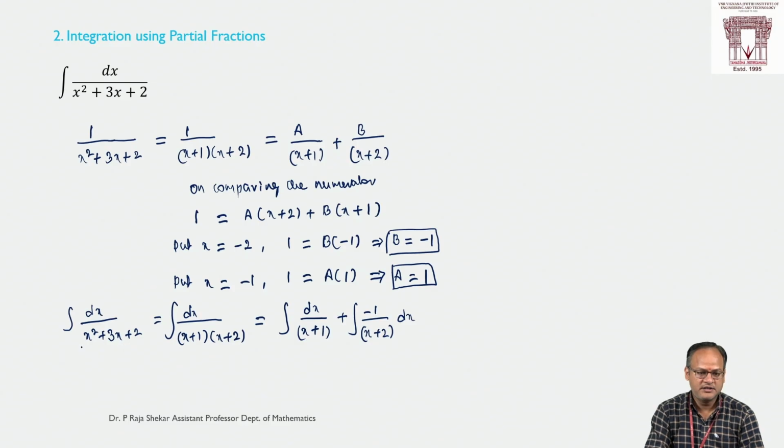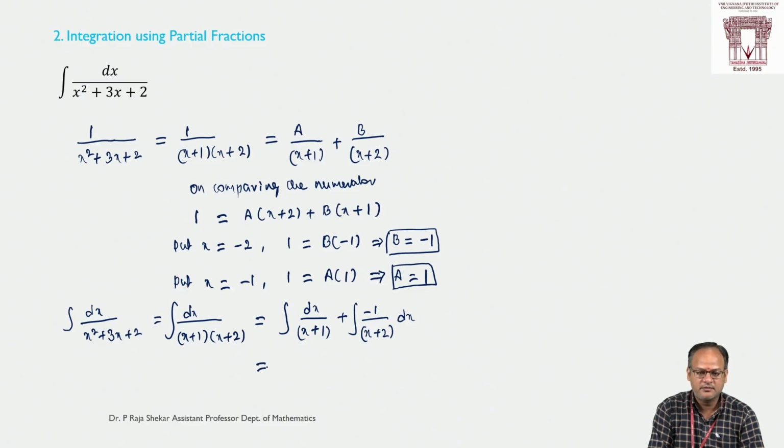So let me consider the given question, integration of 1 divided by x square plus 3x plus 2, and when we write the partial fractions we are going to get 1 divided by x plus 1 plus minus 1 divided by x plus 2.